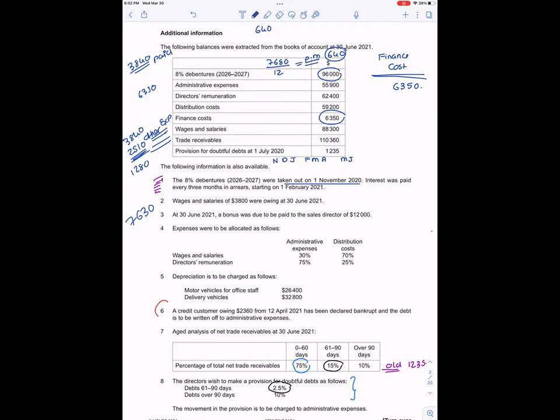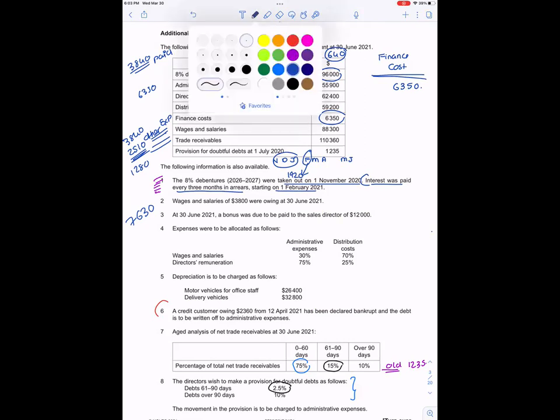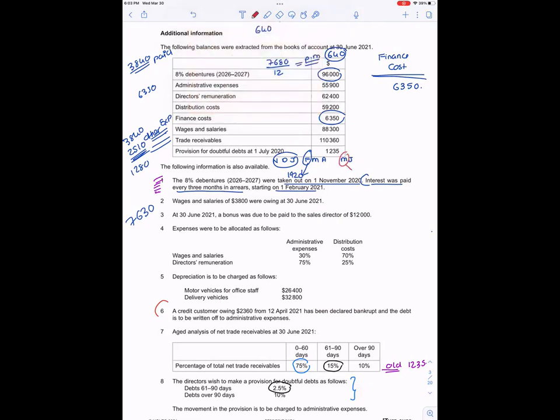Now what they say is that interest was paid every 3 months in arrears, starting from 1st Feb. That means on 1st Feb, I paid interest for these 3 months. So I paid interest for 3 months, 640 into 3, 1920. On 1st May, I would pay again 1920 for these 3 months.